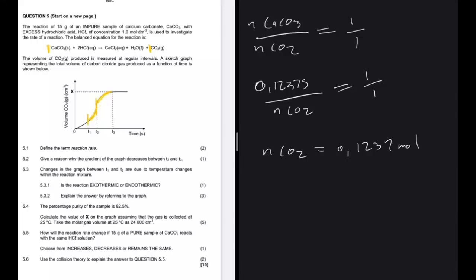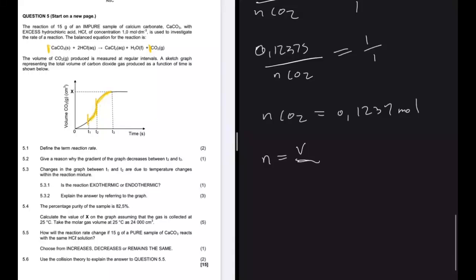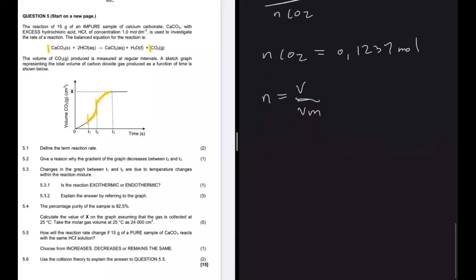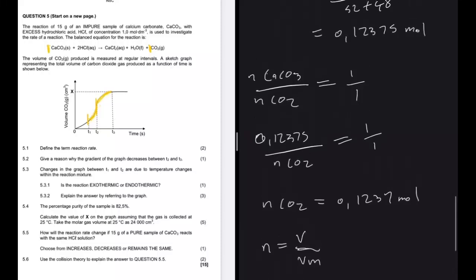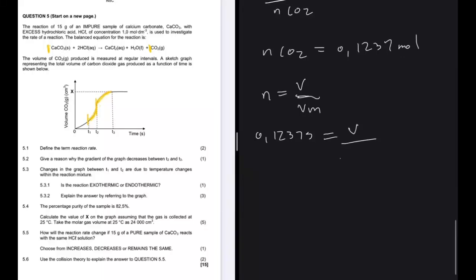So now we have determined the number of moles of CO2. We can then find the volume of CO2. But how do we find the volume? We know that you can determine the number of moles by dividing the volume by the molar gas volume, right? So we have n equals V divided by Vm. We know what the number of moles is: 0.12375 equals the volume divided by the molar gas volume, which is 24,000.